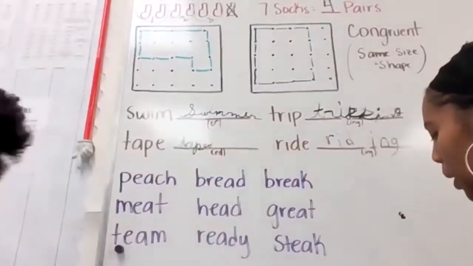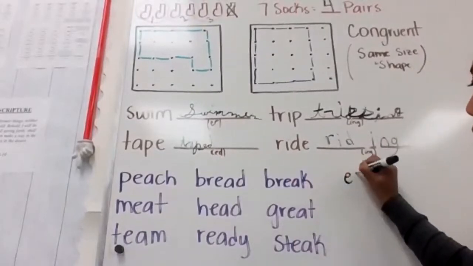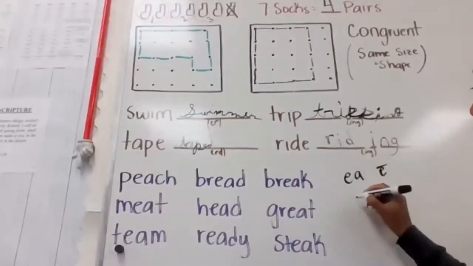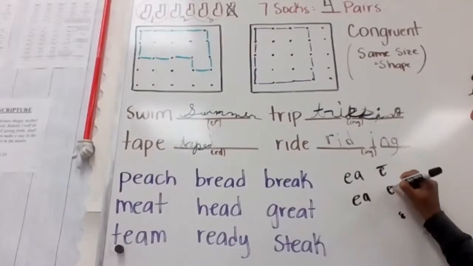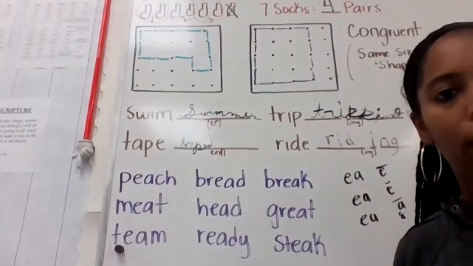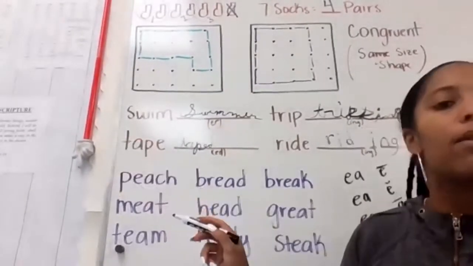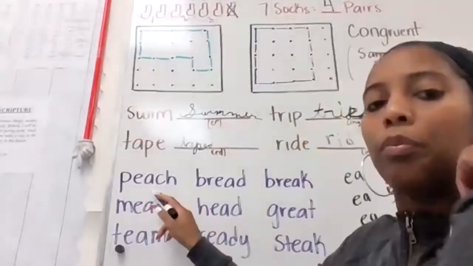All right, so next we're going to move on to our next sounds off of our chart. We have the EAs. We have EA that says E, EA that says E, and EA that says A. Okay, three different EAs. Let's look at our first one. Dennis, could you tell me my sounds and read the word for me?